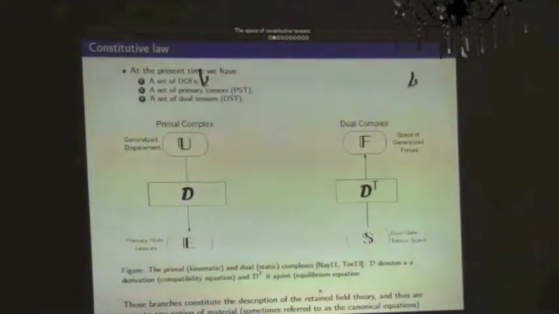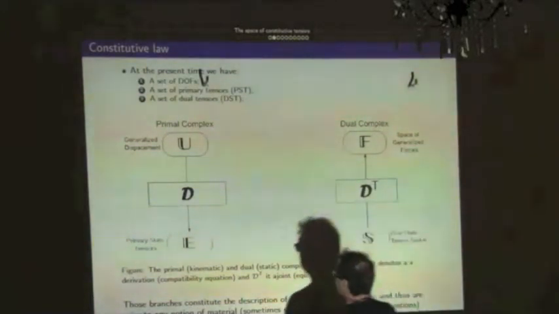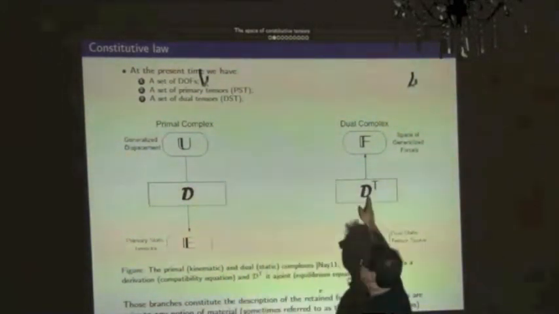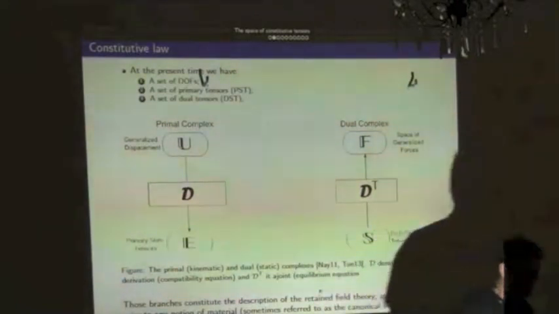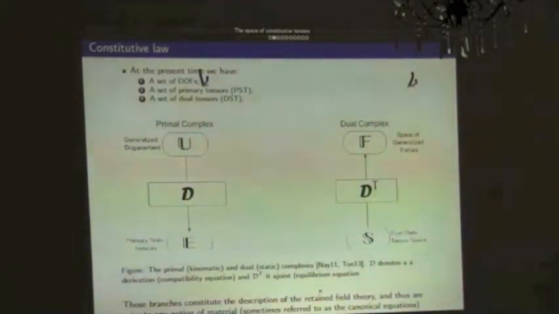The operation D is the derivation that allows you to go from degrees of freedom to your generalized strain, and it will translate the compatibility equation, and the dual of this derivation is the equilibrium equation associated to your model.